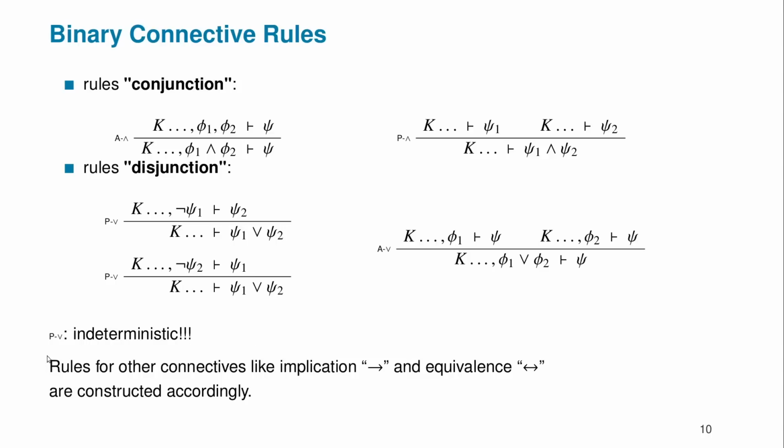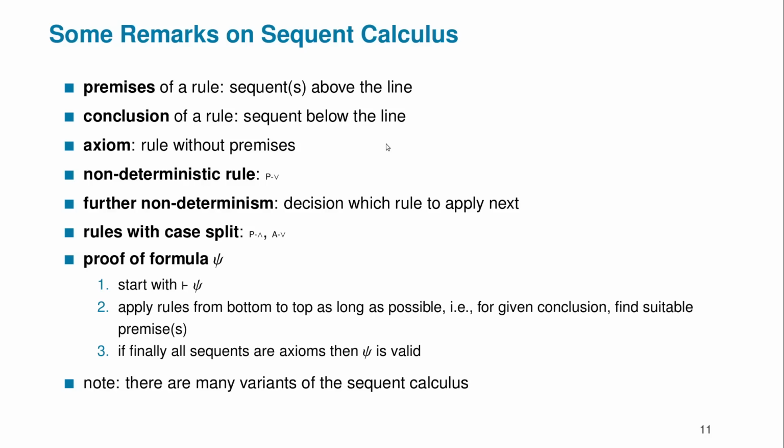For implication, equivalence, and other connectives, we can introduce similar rules. Okay, this looks a bit complicated. Here I have a summary of some terminology. We have premises, we have conclusion.